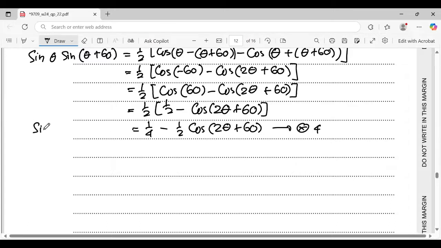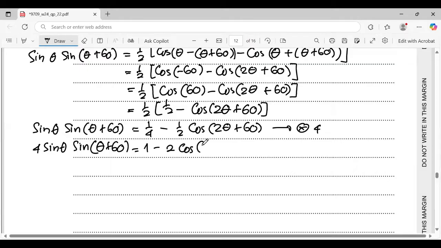So this is sine theta plus 60. Multiply by 4 becomes 4 sine theta plus 60 equals 1 minus 2 cosine 2 theta plus 60, like this.